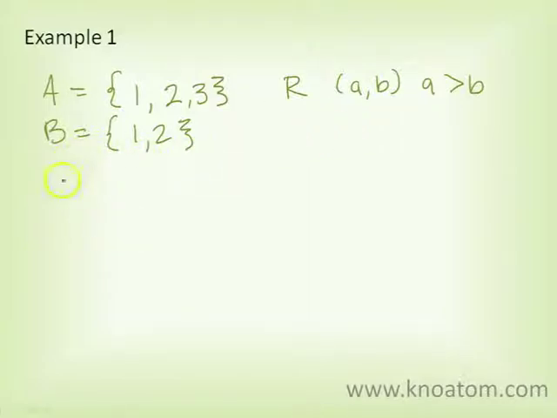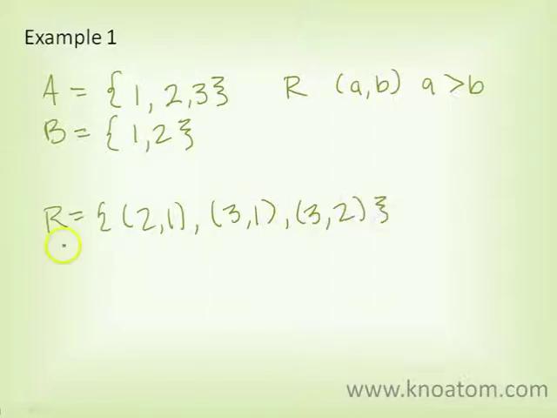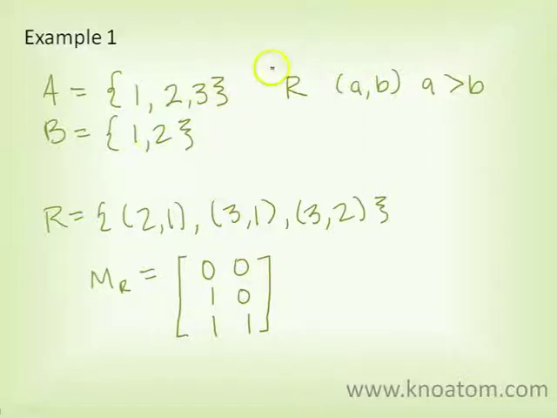We try to find the matrix representing R if a1 equals 1, a2 equals 2, a3 equals 3, b1 equals 1, and b2 equals 2. Because the set R equals {(2, 1), (3, 1), (3, 2)}, the matrix for R is represented as follows. The ones in the matrix show that the pairs (2, 1), (3, 1), and (3, 2) belong to R, and the zeros show that no other pairs belong to R.